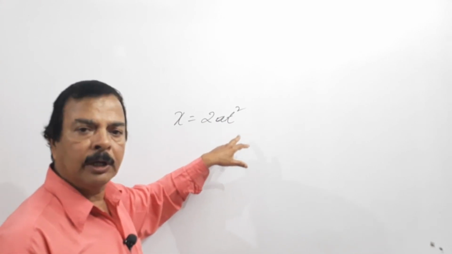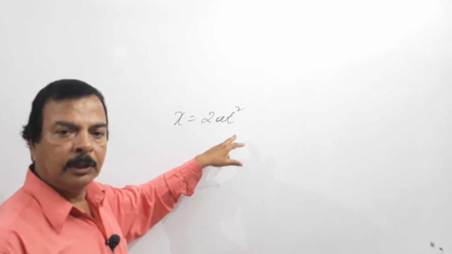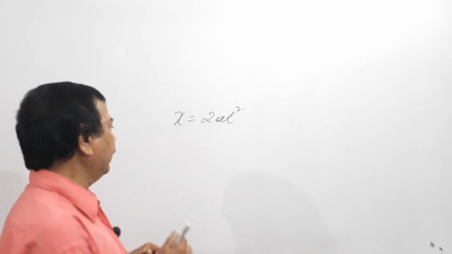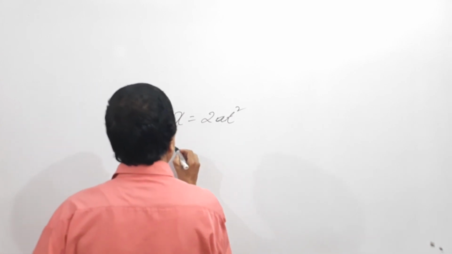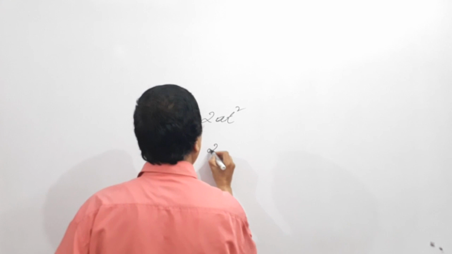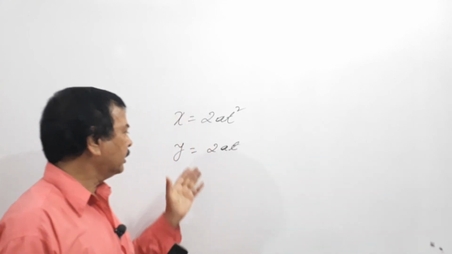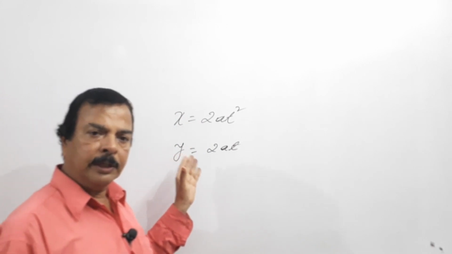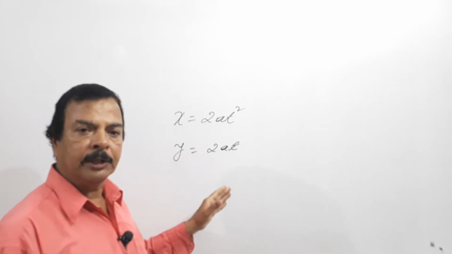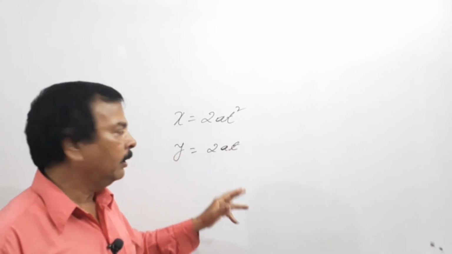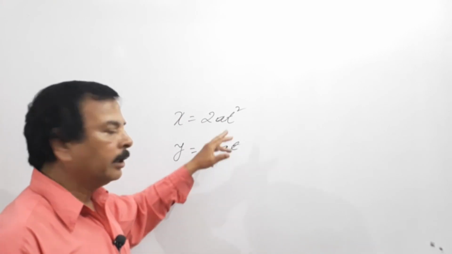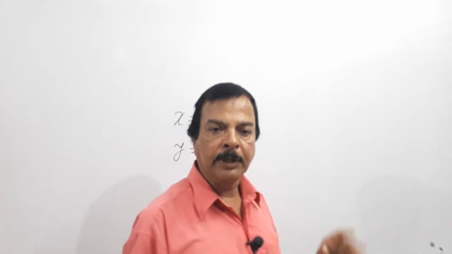So here t is called a parameter. Now take another example, y equals 2at. Even in this case, even though y is a variable, we are differentiating this with respect to another variable t. So here t is also a parameter.